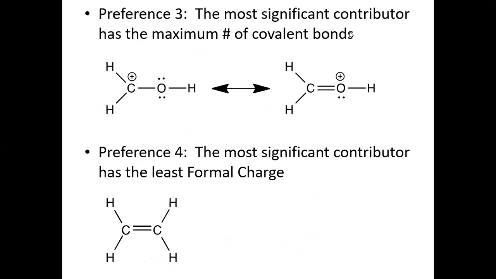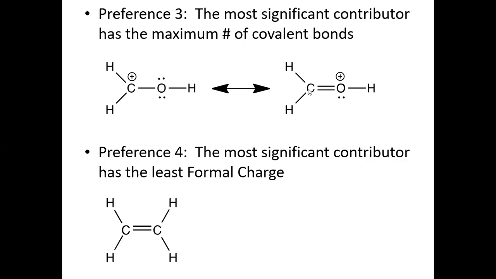Okay, next up, preference 3. The most significant contributor, meaning when we're making the hybrid, which resonance form actually looks like my actual molecule, is the contributor that has the maximum number of covalent bonds.